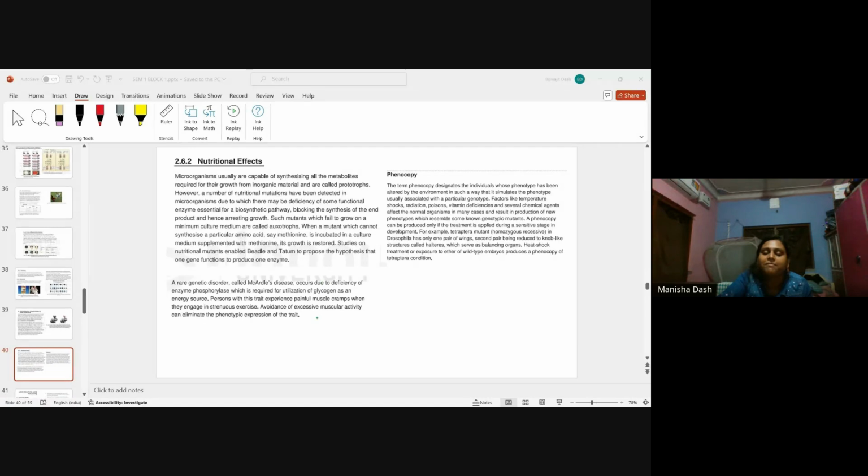But if the plant is not getting enough nutrition or enough sunlight, it may not grow as tall as expected, so it will appear dwarf. Actually it has the genotype of a tall plant, but it appears dwarf. So due to nutritional or environmental effects, it is copying the phenotype of a dwarf plant. That is what is called a phenocopy.